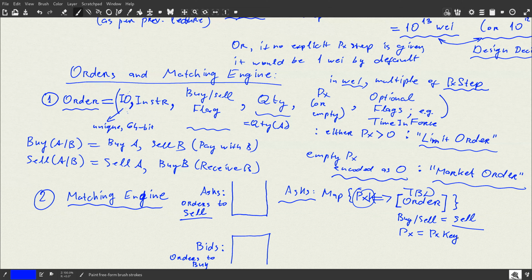Simply that. When an order with another price arrives, we install another key in the map and create a singleton list, and so on.